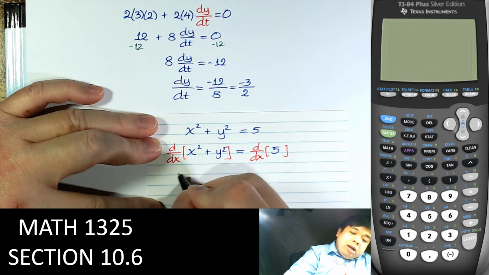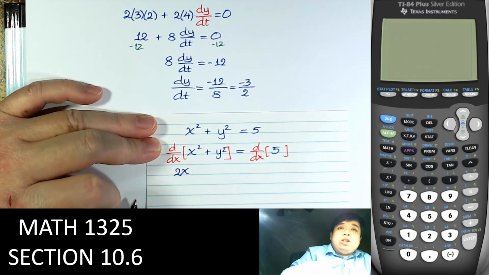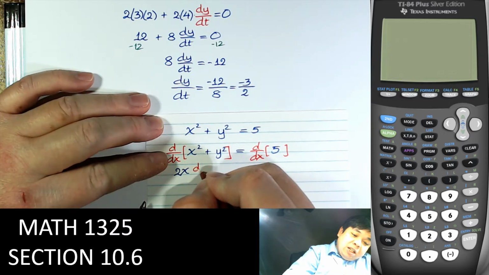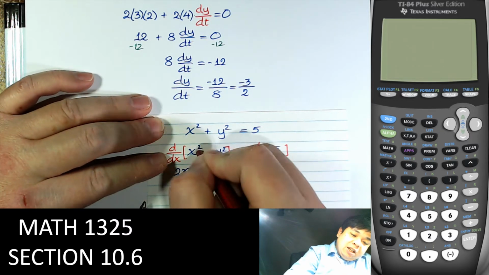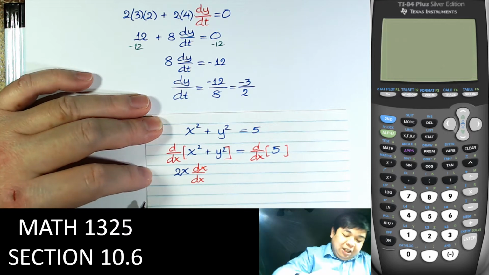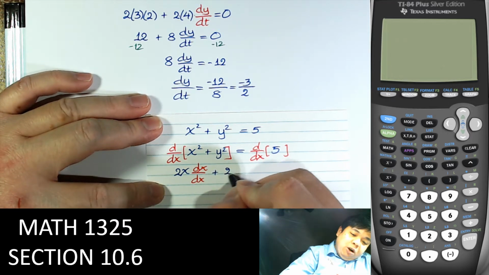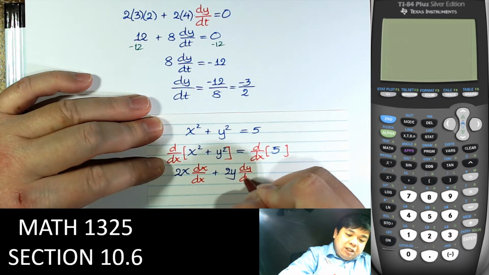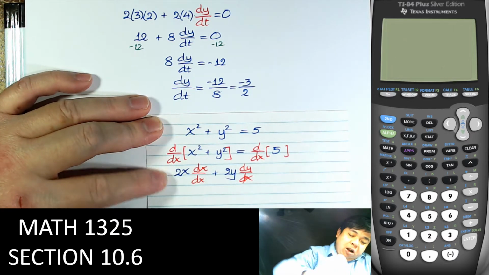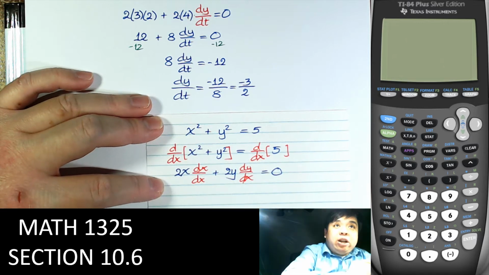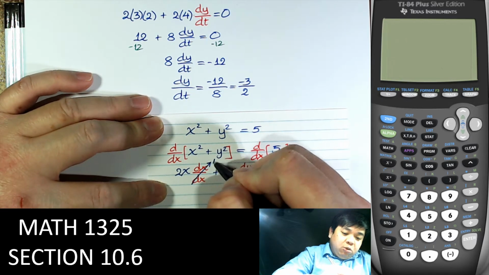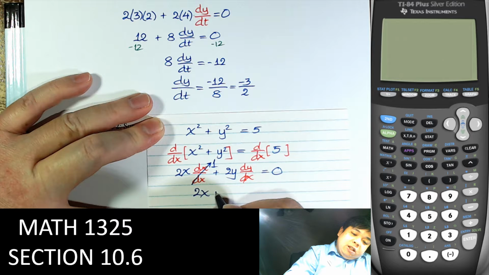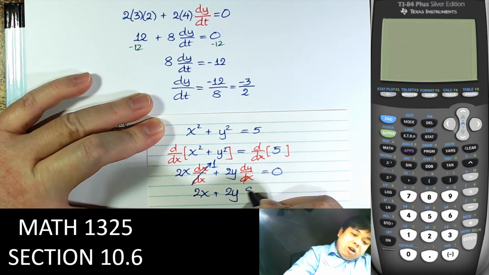So the derivative of x squared is 2x. If we want to, we can still write d over dx of x, and then plus 2y. Now y is a function of x, so we have to have dy over dx. The derivative of a constant is 0. So with implicit differentiation, dx over dx is 1, and we just have 2x. So in the previous section, we can just write it like this if we want to.